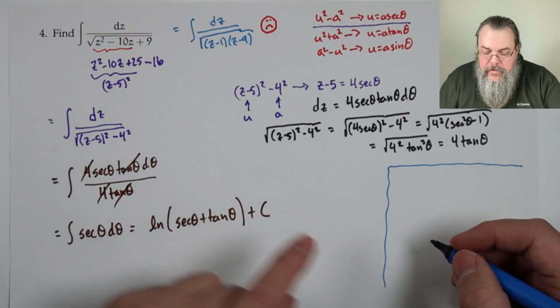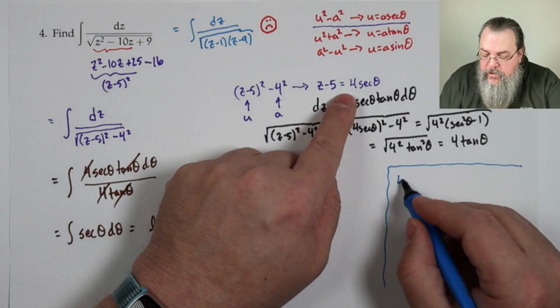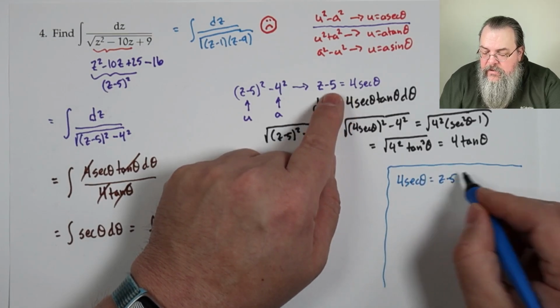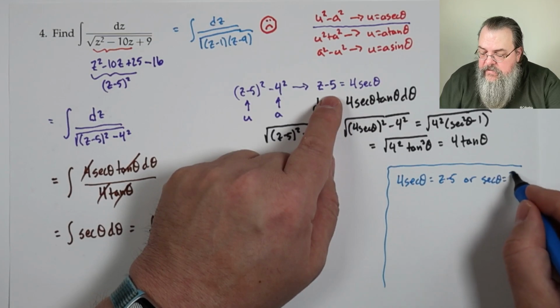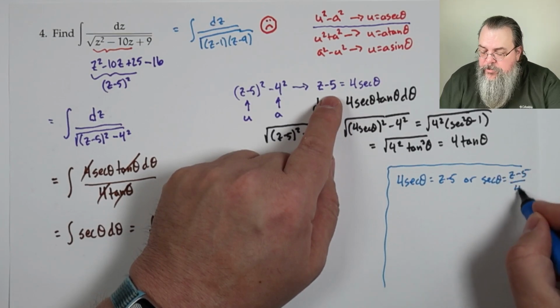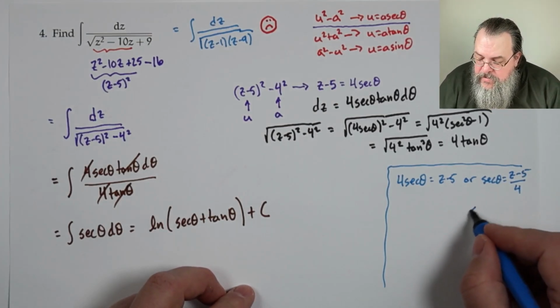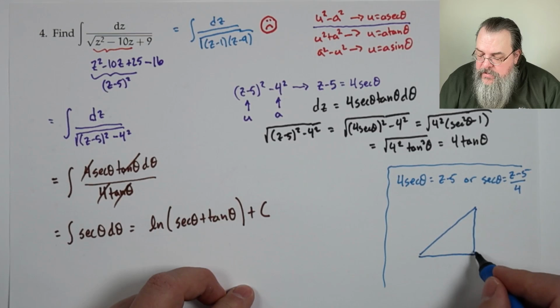Well, let's look at what we have. Right here, 4 secant theta equals z minus 5, or, if you like, secant of theta is z minus 5 over 4. Draw a triangle. It's a right triangle. Don't draw the wrong triangle. Draw the right one.